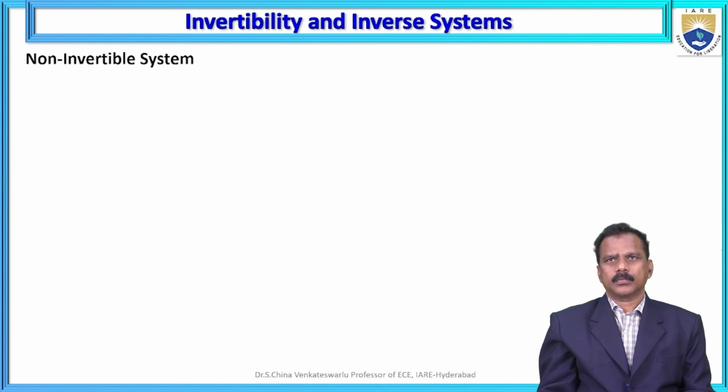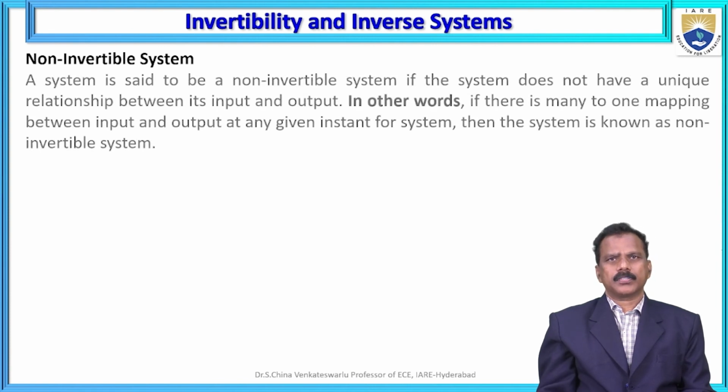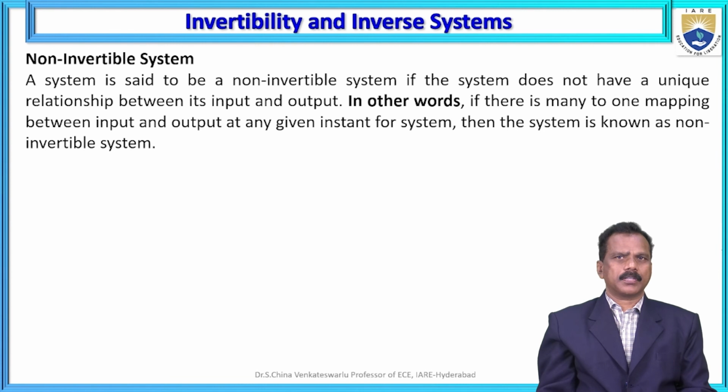Under this, we have just verified the invertible system. Coming to the non-invertible system: a system is said to be a non-invertible system if the system does not have a unique relationship between its input and output.